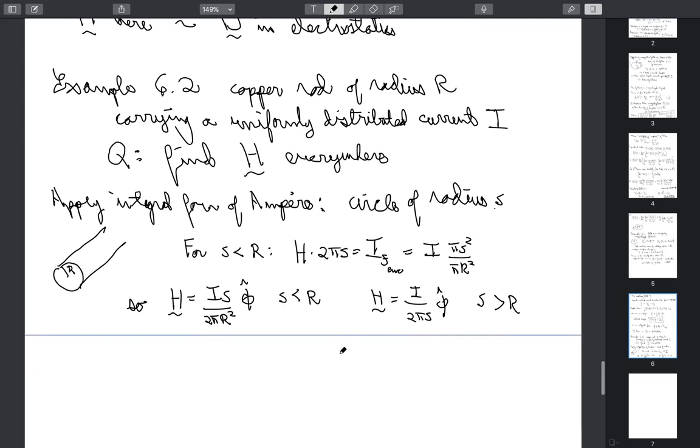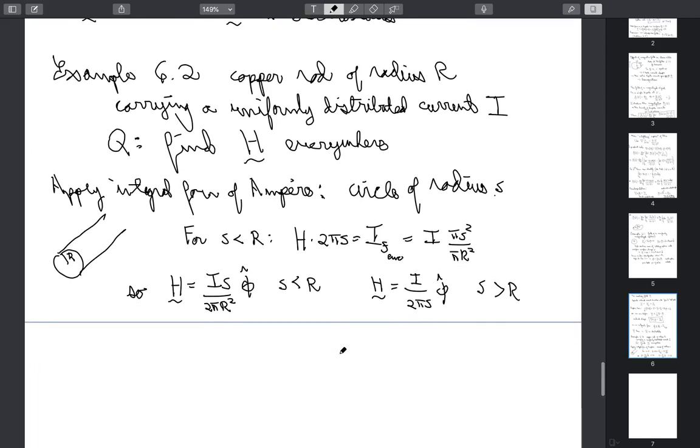So what happens is that outside, of course, the magnetization is 0, so you just get that the actual magnetic field is just mu 0 times H. Inside, you get just the field H here.